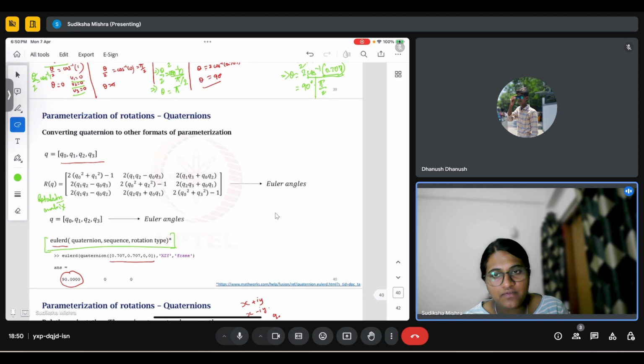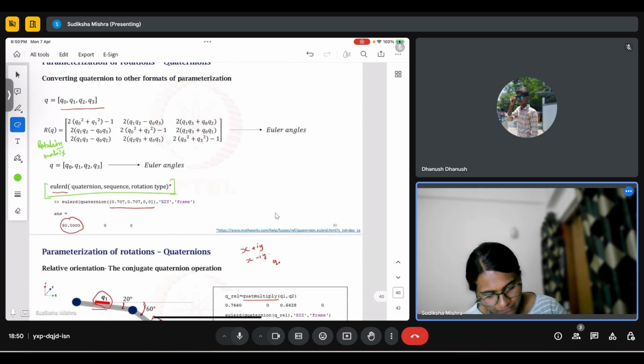This is the rotation matrix, and you can use this matrix to convert it into a matrix form.